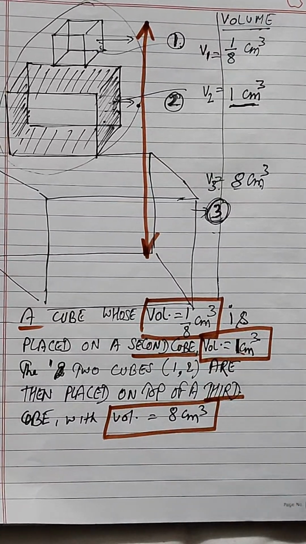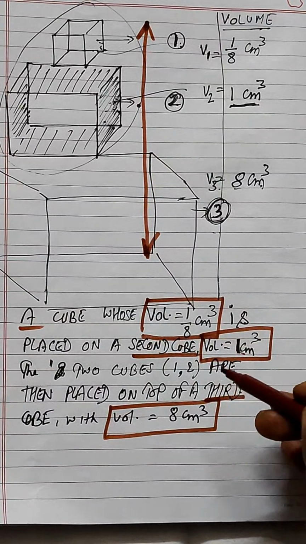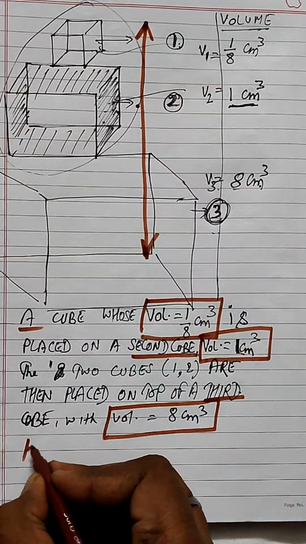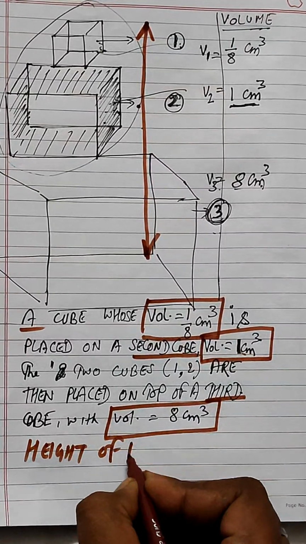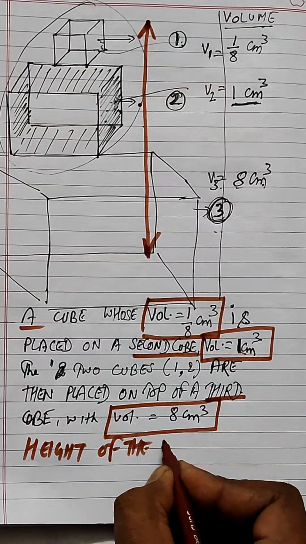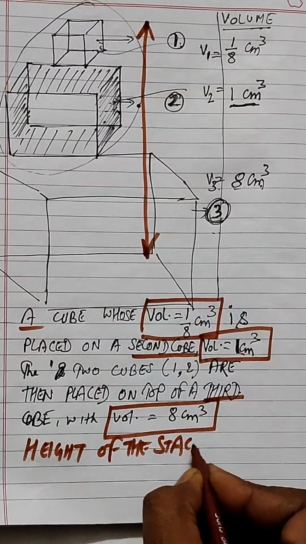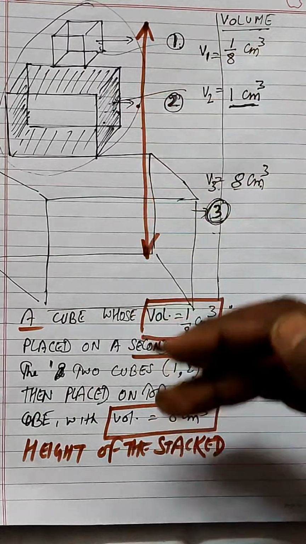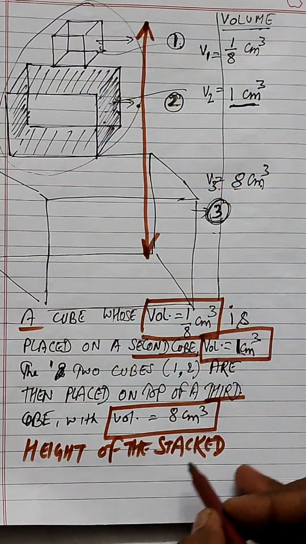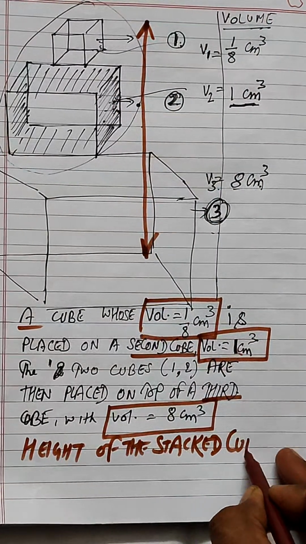So we need to find the height of the stacked cube. The height of the stacked. You know what is the meaning of a stacked? When the things are kept together on each other. This arrangement is called a stacked. Height of a stacked cube is what?